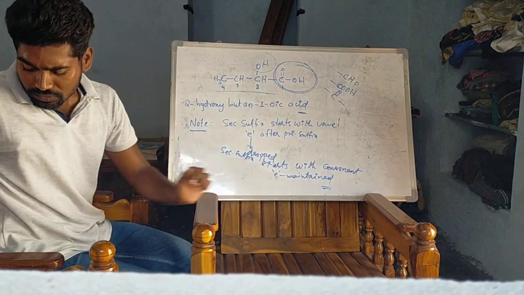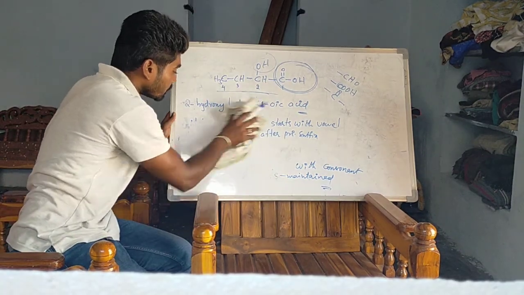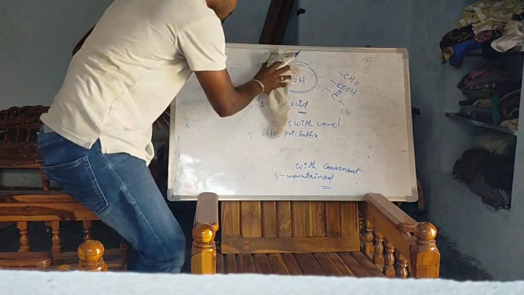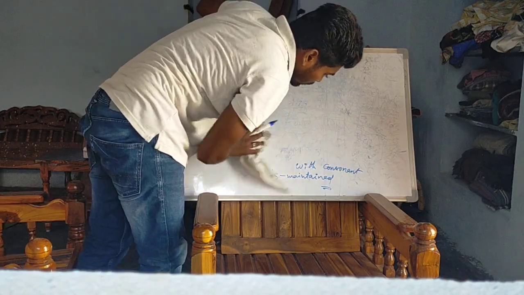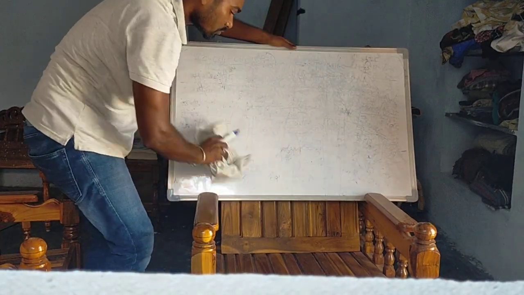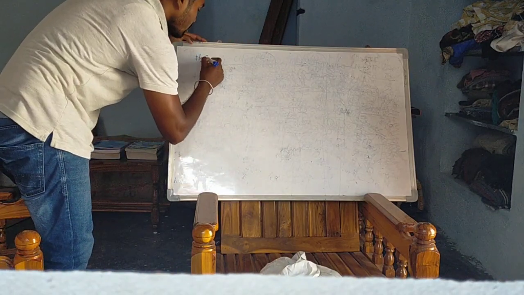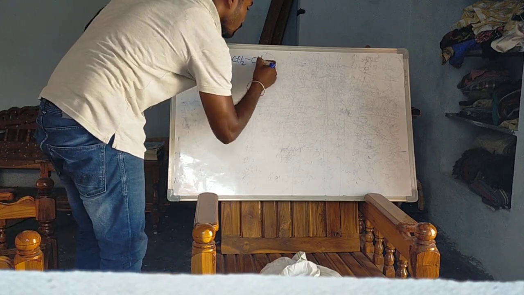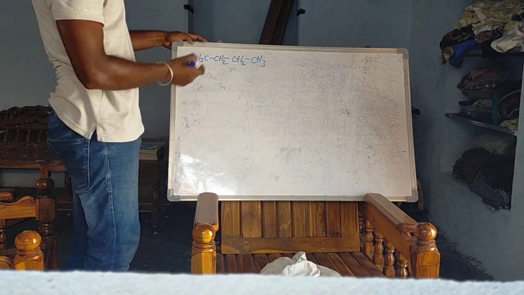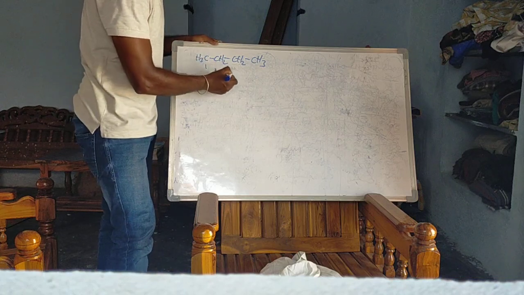Now let us see the examples. This is H3C, CH2, CH2, CH3. The number of carbons is 1, 2, 3, 4.